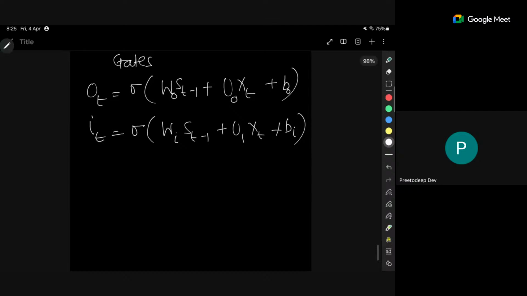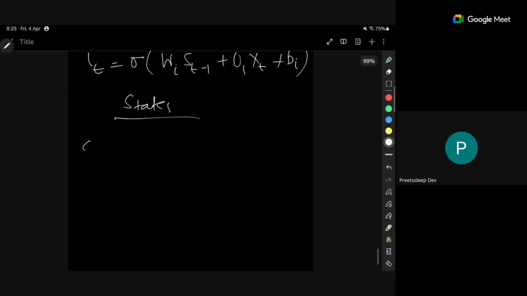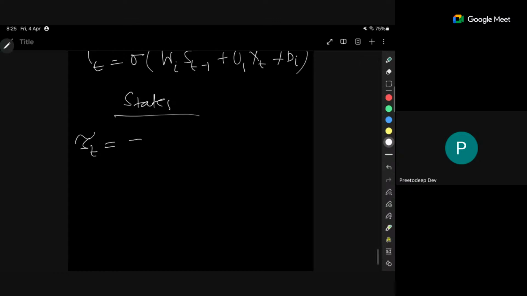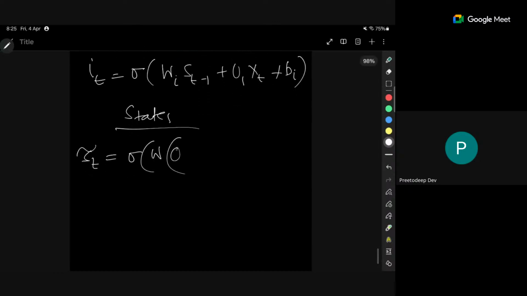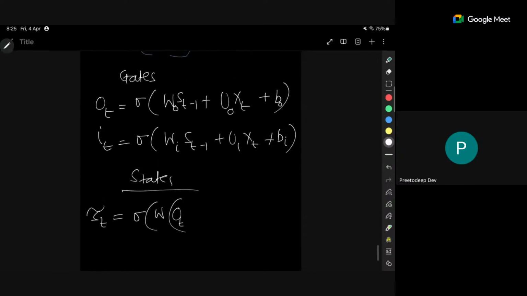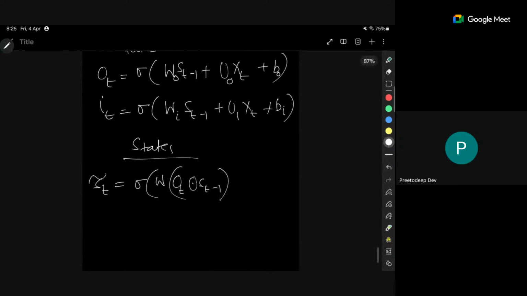And the states will be, one is the temporary state. So this you will get as W, then you'll multiply with OT, which you got there, element-wise multiplication with ST minus 1, plus U XT plus B.